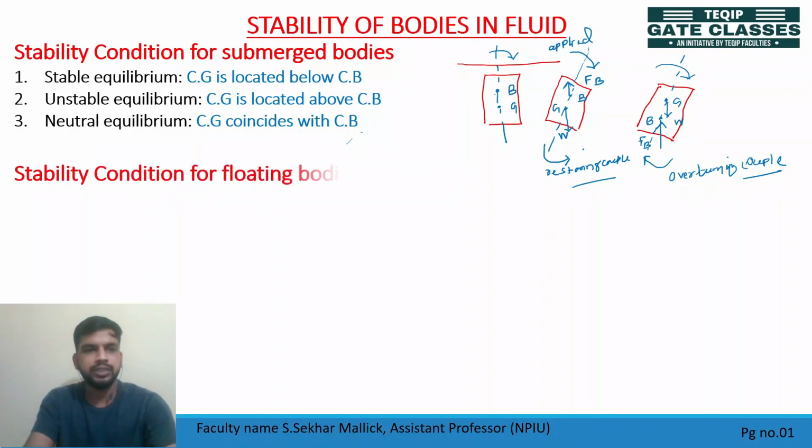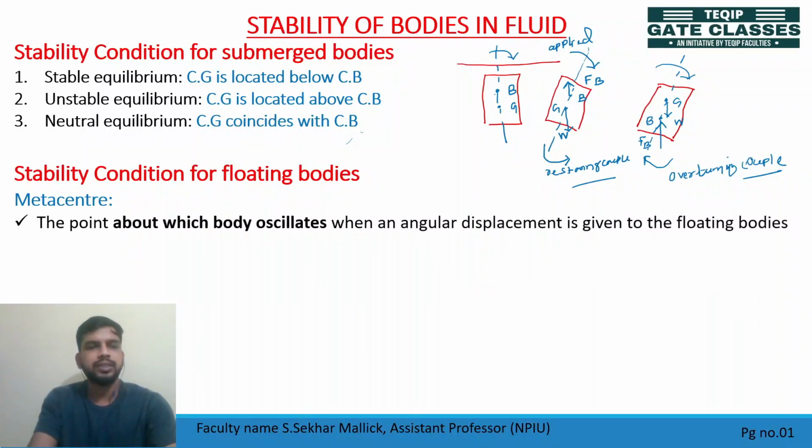Similarly, we can see the stability condition for floating or partially submerged bodies. To understand this, first we have to understand the metacenter. What is the metacenter? The metacenter is the point about which a body oscillates when an angular displacement is given to a floating body.